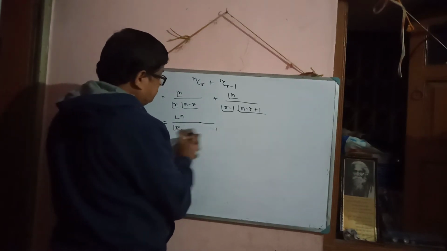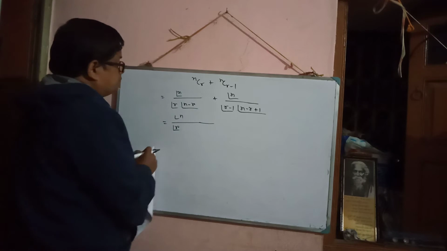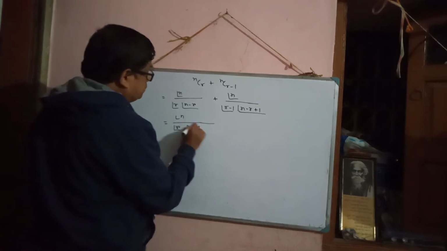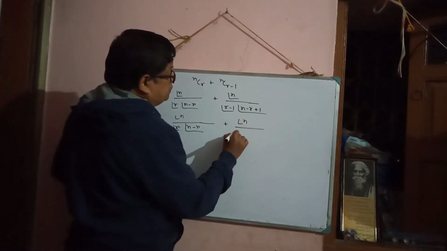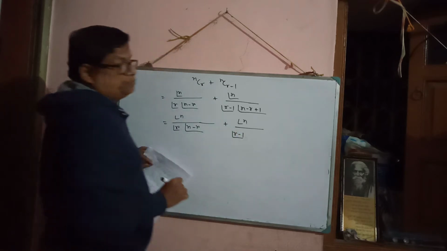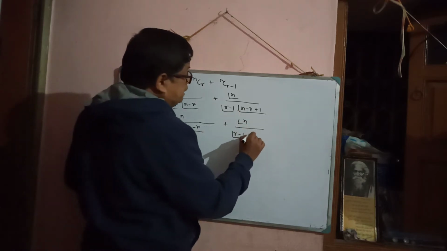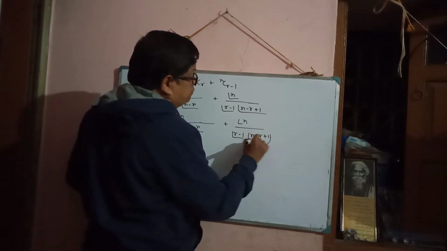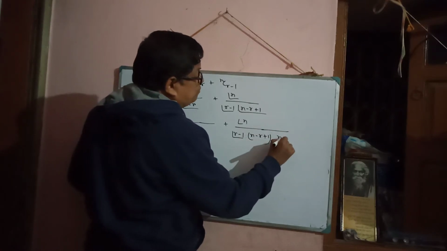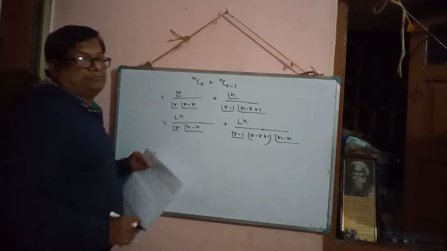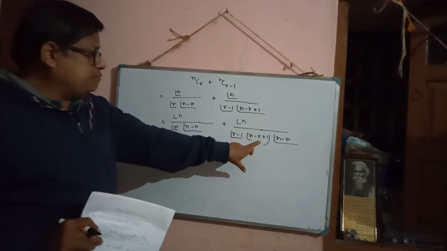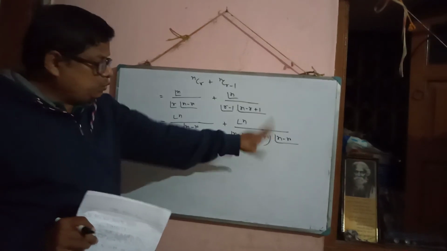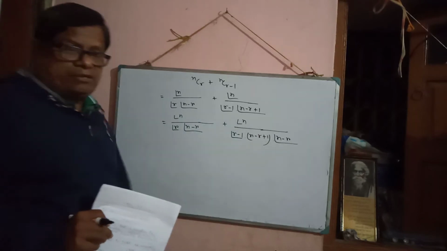I am not changing this part. Here n minus r factorial. So here we can write n factorial by (r minus 1) factorial into (n minus r plus 1) into (n minus r) factorial. See, (n minus r plus 1) factorial equals (n minus r plus 1) into (n minus r) factorial.